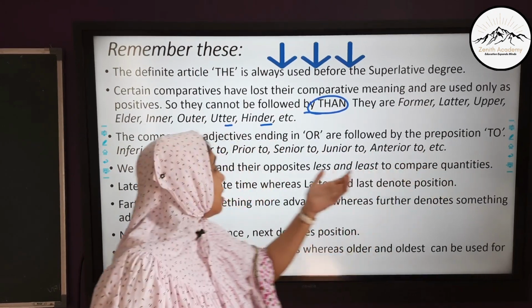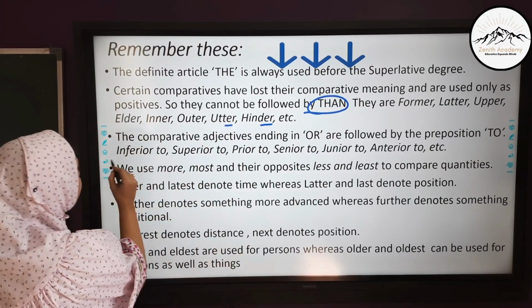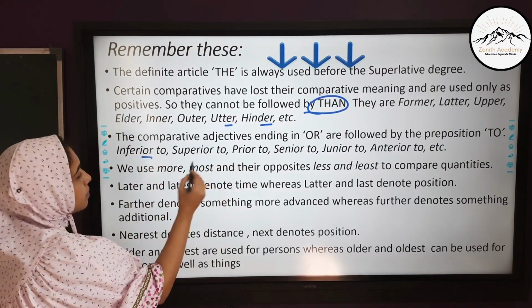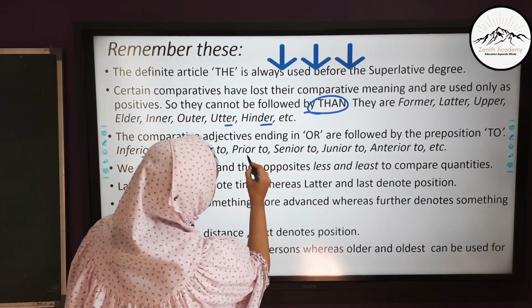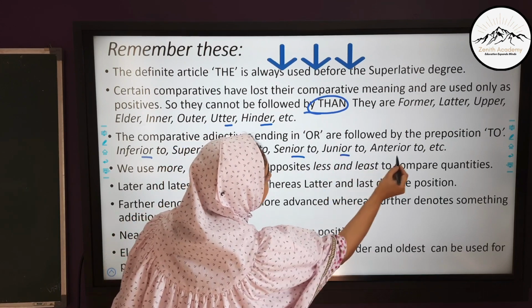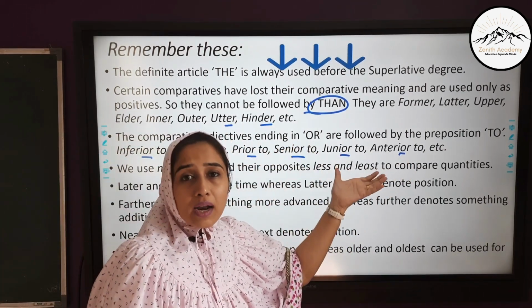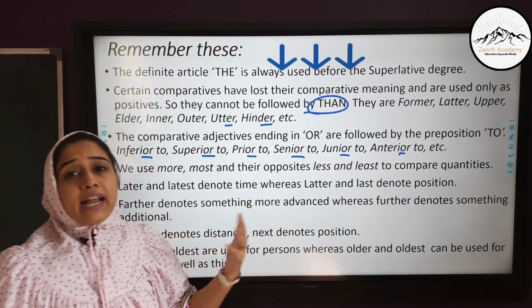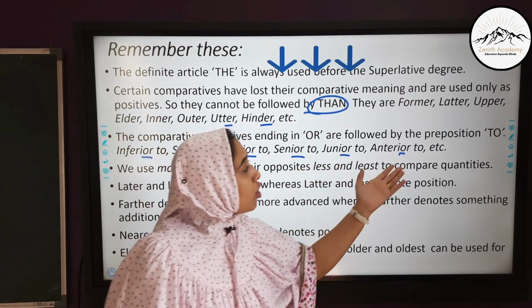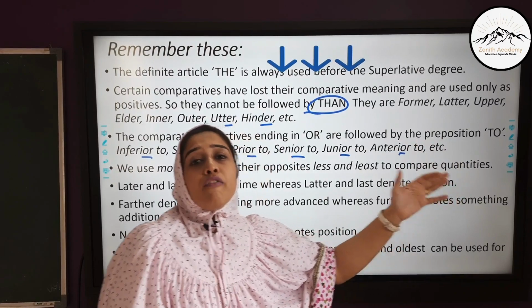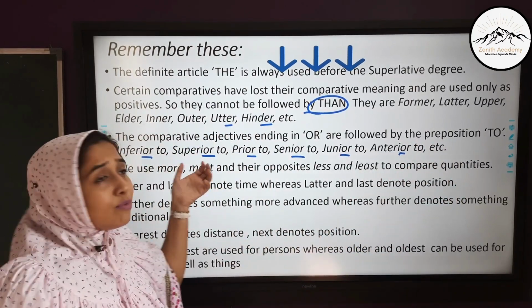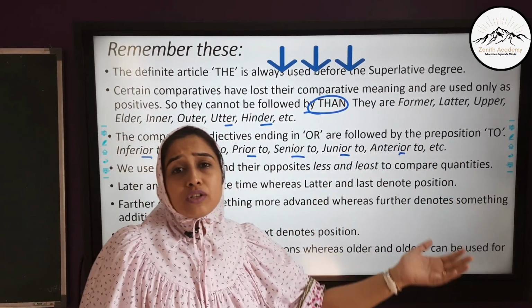What does this mean? Like we see the spellings inferior, superior, prior, senior, junior, anterior, posterior. All these spellings are ending in or, and all the words which are ending in or will be followed by the preposition to. For example, I am superior to the rest of the people.